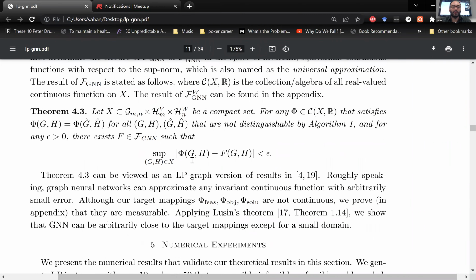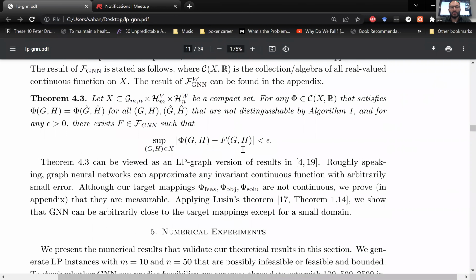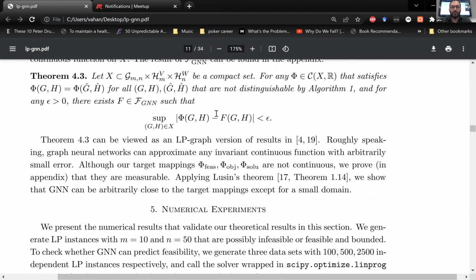So these next theorems are about that. Basically saying that for any epsilon, you can find a close approximation. For the given f, there exists an approximation. F is the model you train, really.